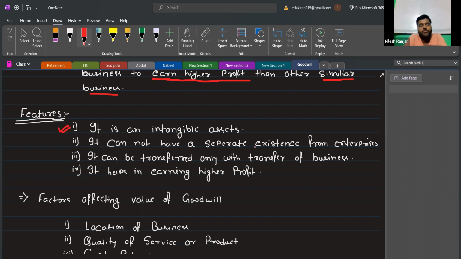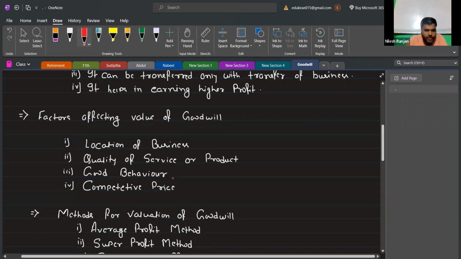There may be 3 or 4 businesses at the same place, but someone is earning higher than the others. That is the goodwill of that business, which helps them to earn higher profit. So these are the features of goodwill. You need to remember these features for objective questions, multiple choice.